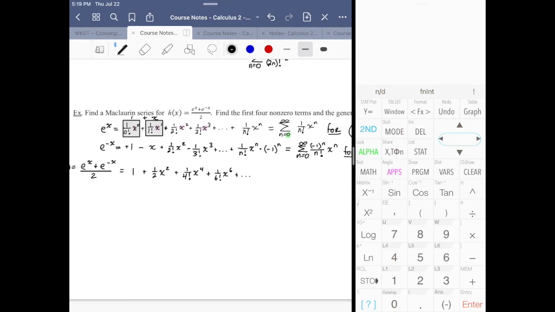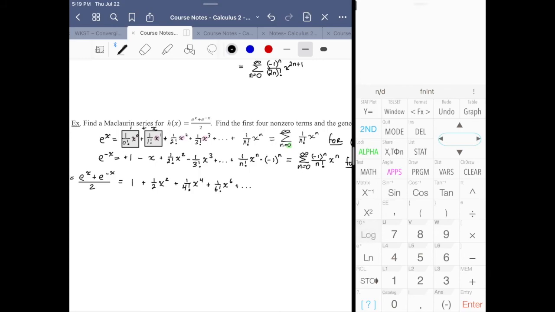So now we have the means by which we can come up with our general rule, which is going to be, well, we got a 1. We have an even exponent, and we have an even denominator as a factorial. So 1 over 2n factorial x to the 2n.